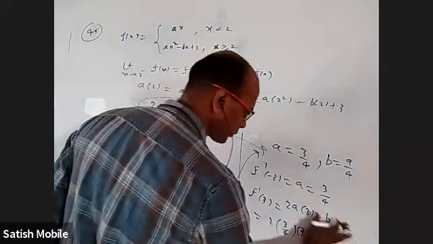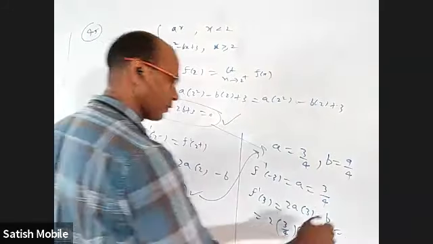It's not 3 by 4, right? 3 2s are 6, 6 3s are 18, 9 by 4.